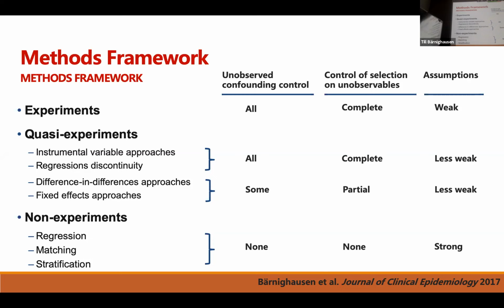The instrumental variable approach and the regression discontinuity design approach are very powerful tools to identify a causal relationship in observational studies. They need fewer assumptions, although they also need some assumptions.